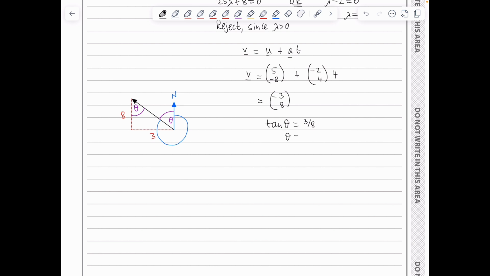This leads to θ = 20.556... and therefore the bearing is going to be 360 − 20.556... This gives an answer of 339 degrees to the nearest degree. If you give more accuracy here, you will be penalized.